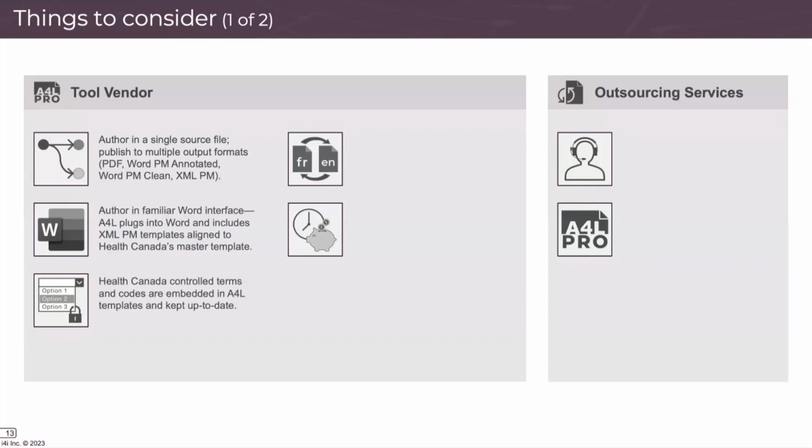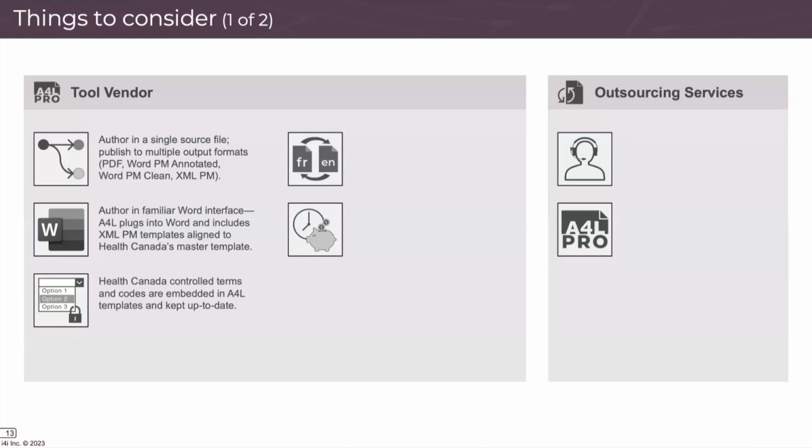Then there's metadata, arguably the biggest new feature requirement of XML PM. Much of the power of metadata in XML PM is due to Health Canada's ability to standardize terms in control vocabulary lists. It may seem daunting at first as you'll have to collate information that's not necessarily sitting in the label.